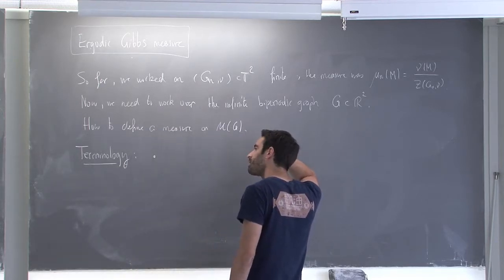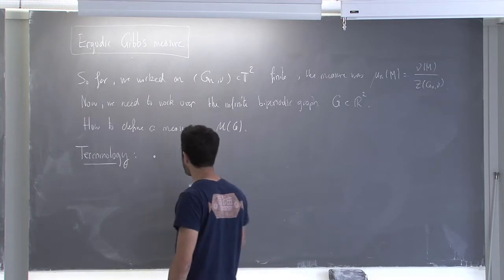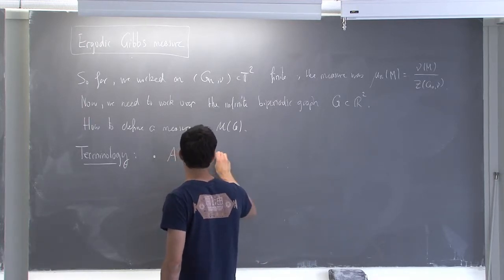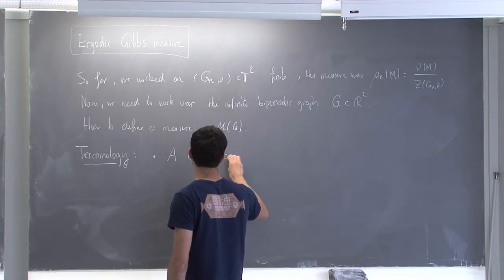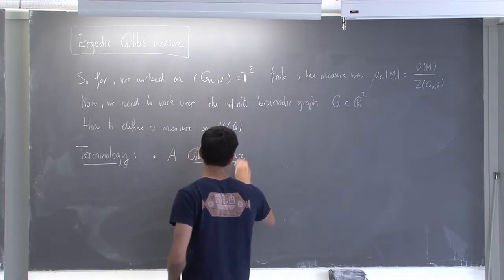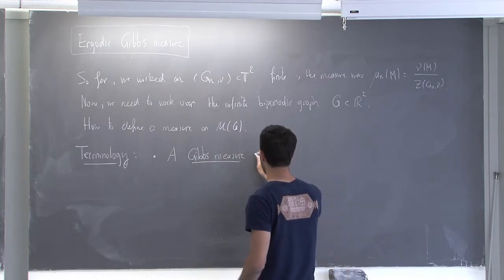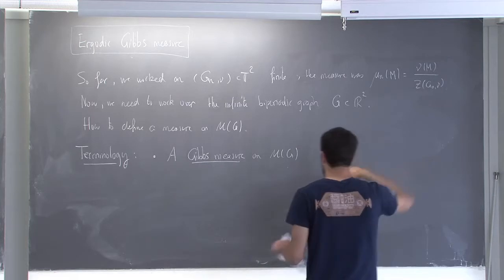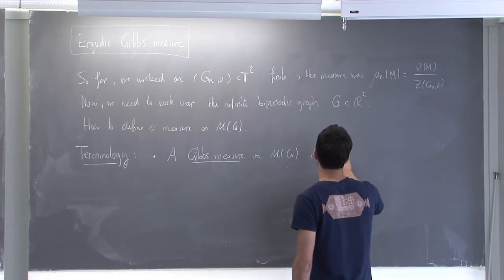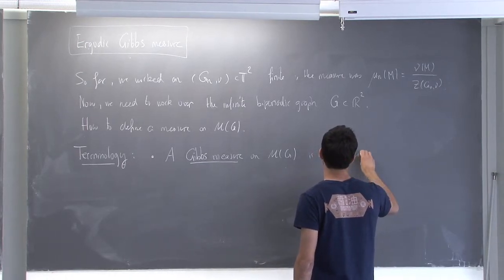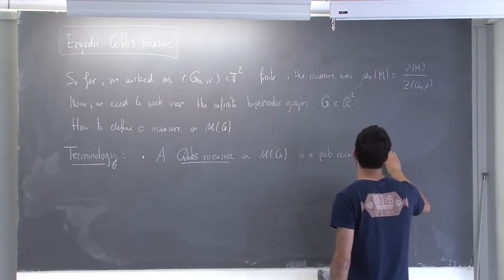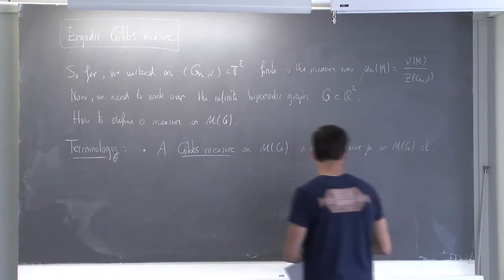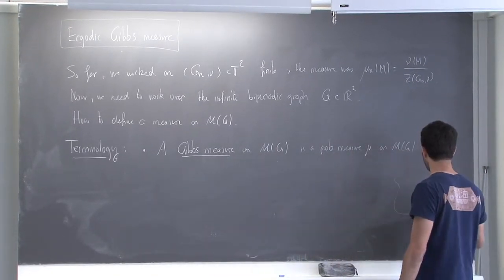I think you've seen these kinds of things in some other classes, but let's say a Gibbs measure, here for me it would be a Gibbs measure on this set, is a probability measure mu such that, let me do a little drawing.